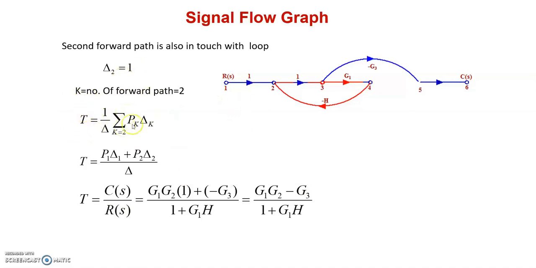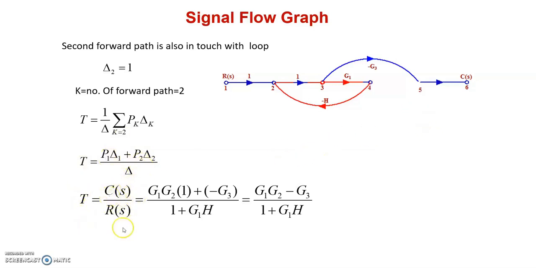So Mason's gain formula is T is equal to 1 by delta, summation over k equal to 2 of Pk delta k. You expand this gain formula according to the forward path gain value, k equal to 2, so the formula becomes P1 delta 1 plus P2 delta 2 divided by delta. That is the transfer function for the given system.